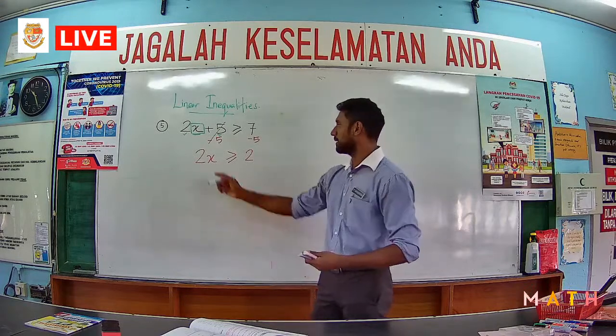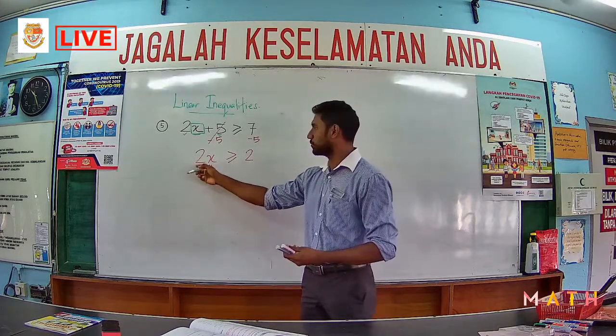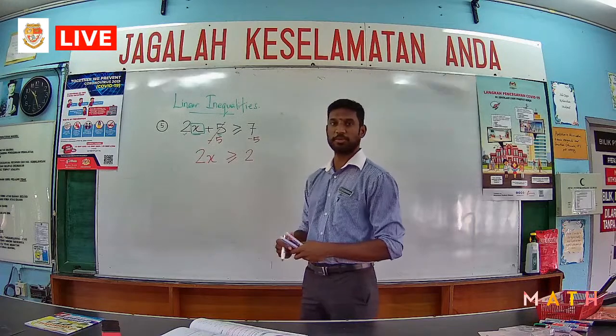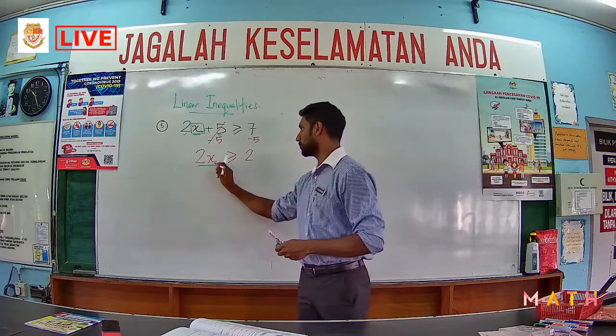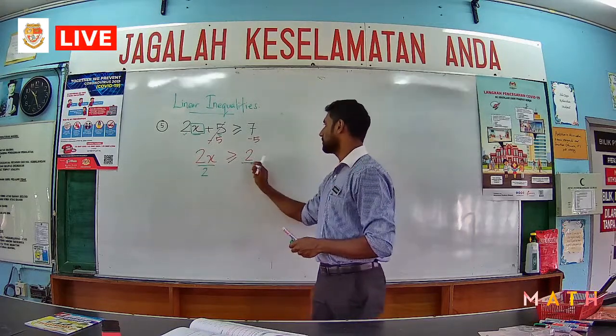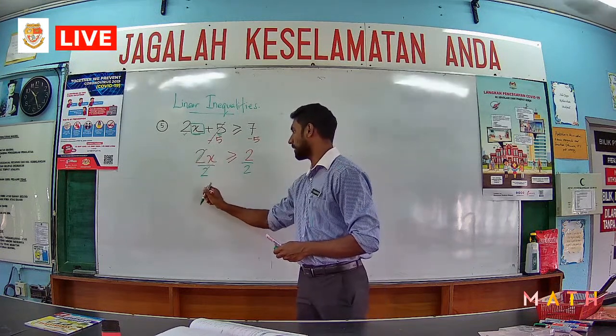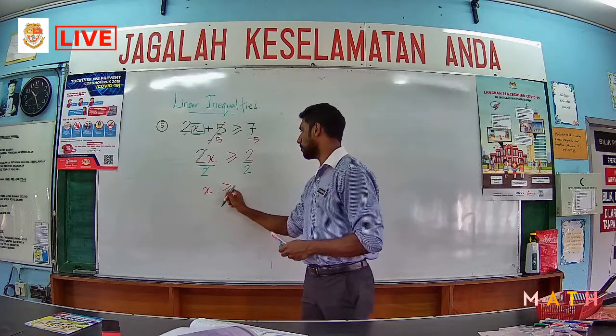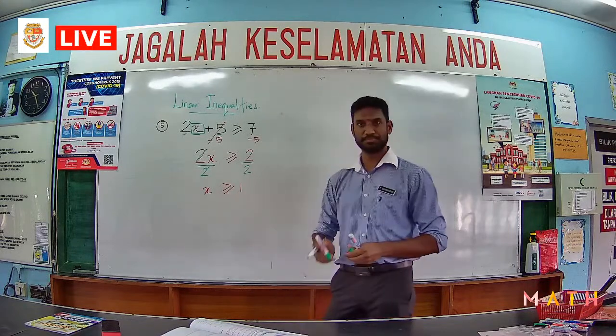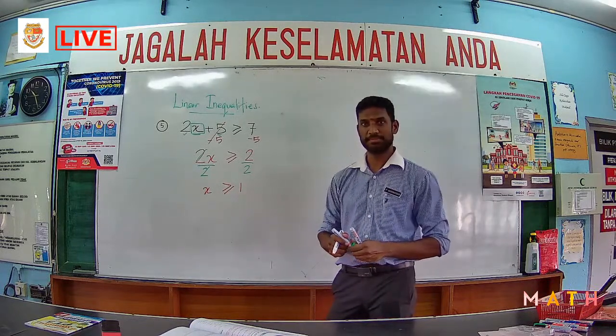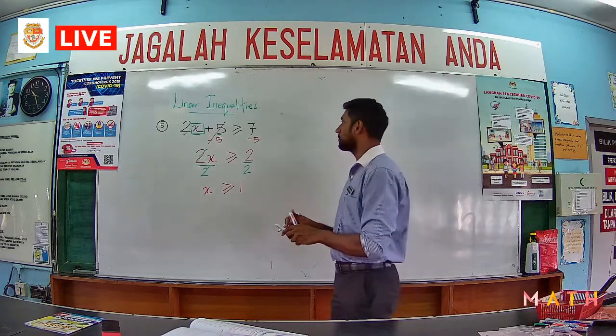Now we repeat. This is times 2, 2 times x, so the opposite will be divide. We divide by 2 on both sides, so you eliminate this number and the answer will be x more than or equal to 1. Okay, guys? One more example for this.